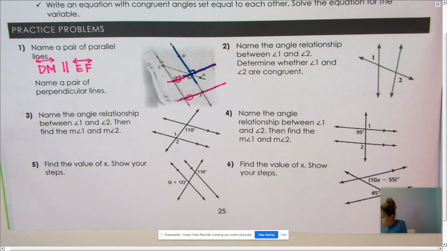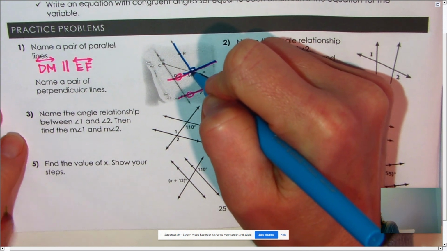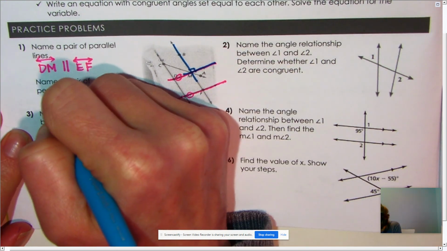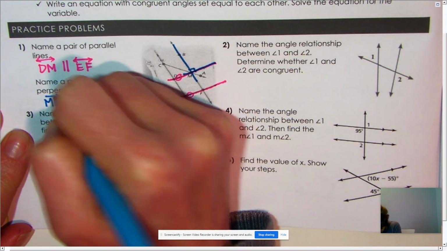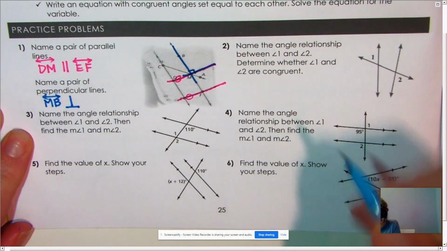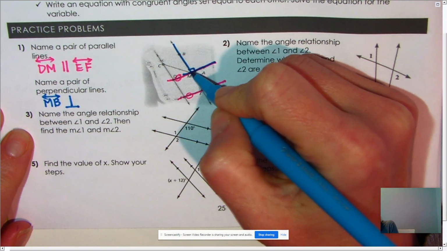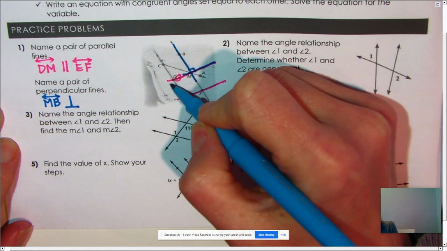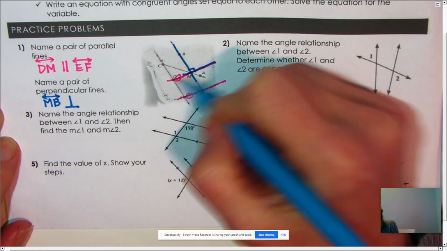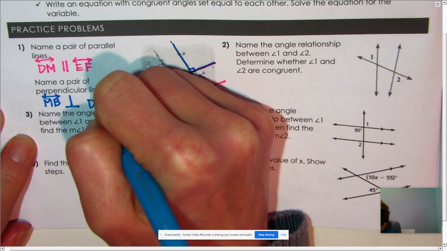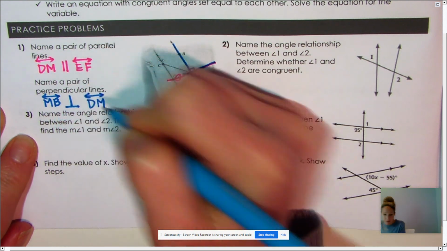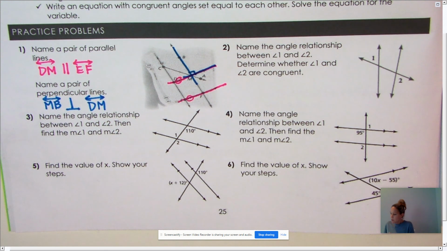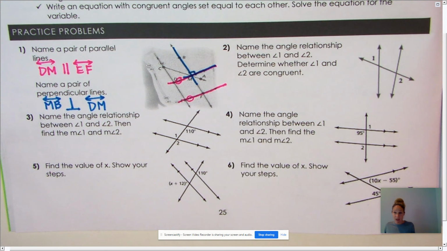So now I need to name those, and I would say M to B is perpendicular to, where, I guess, there's no other points past here, so we would say D to M again. D to M. Okay, so that's the notation that we use. Mathematically, not that hard, but you just have to remember all the right little things to draw in there.